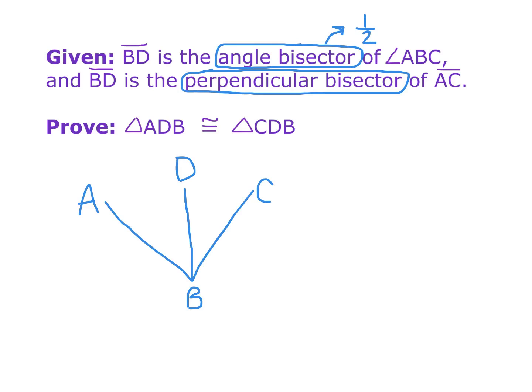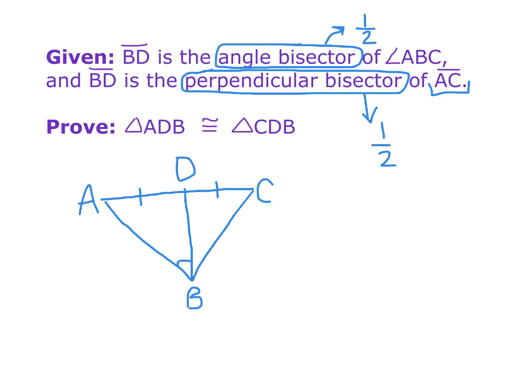Now we know that line segment BD is also the perpendicular bisector of line segment AC. So I'm going to go right across here and make my picture. A bisector is cutting it in half, right? So we're cutting in half this line segment AC. That means that this side is equal to this side. And I just realized I forgot to draw that my angles are bisected.